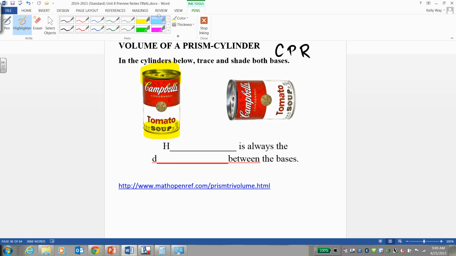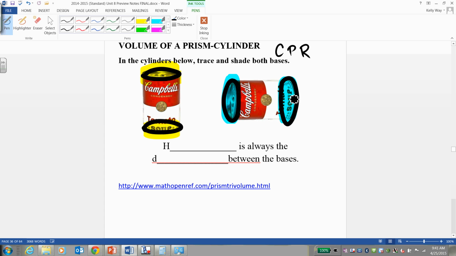But if you turn the can sideways, it doesn't change the bases. The bases are still the 2 circles, even if they're sideways. So let me reiterate once again, base does not mean bottom. Base means the 2 congruent parallel shapes that are connected by rectangles, or in a cylinder's case, technically 1 rectangle wrapped around.